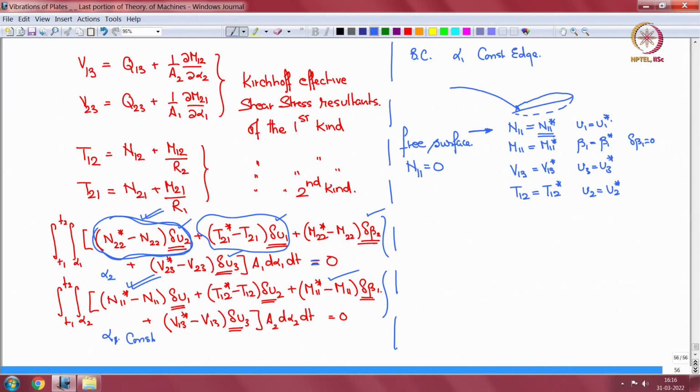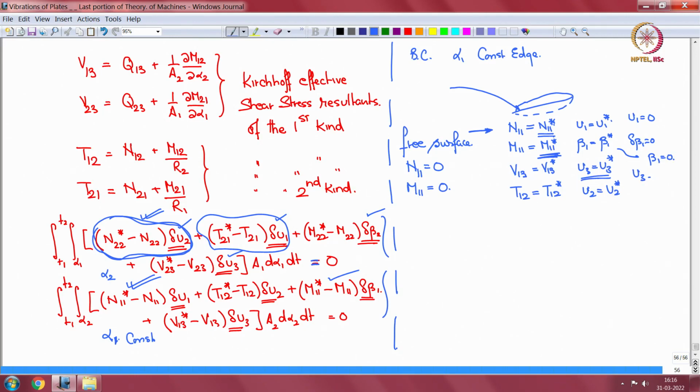Similarly, at a free surface, exterior M11 moment is 0, and therefore the boundary condition is M11 is 0. Or it is fixed in some manner, so that U1 is 0, or it is fixed in a manner that the slope is 0 and therefore beta 1 is 0, or it is supported in a manner that U3 is 0, and so forth.